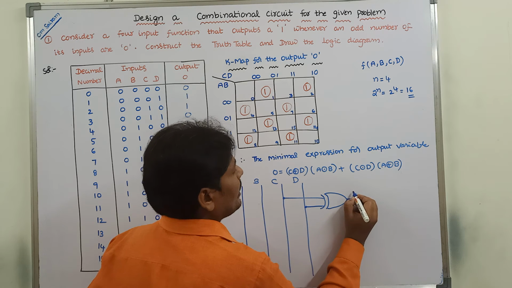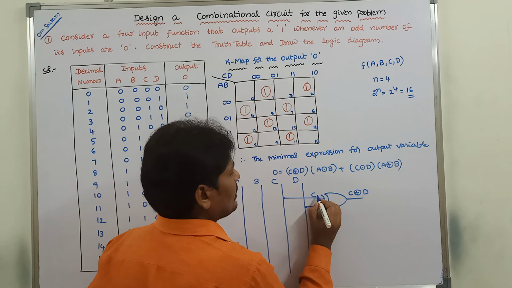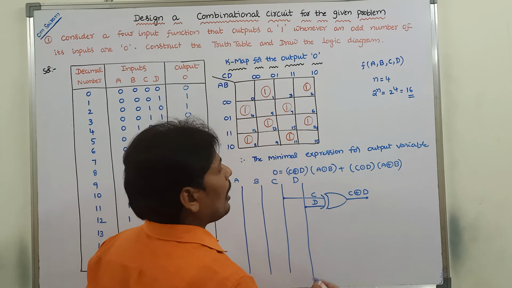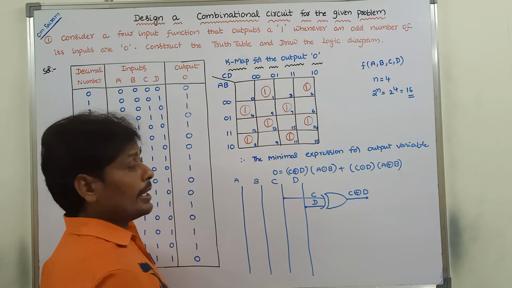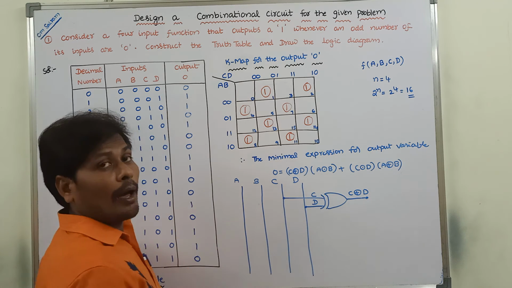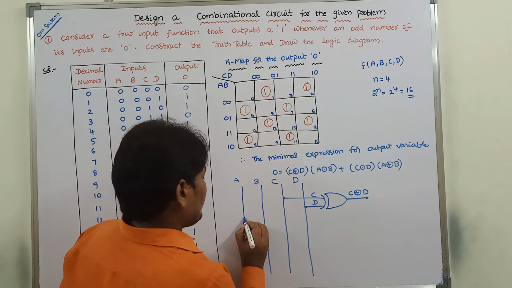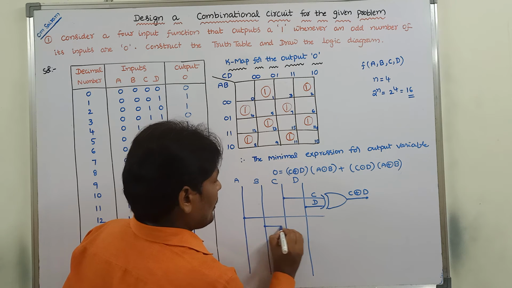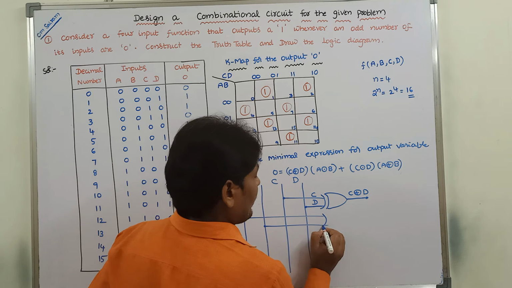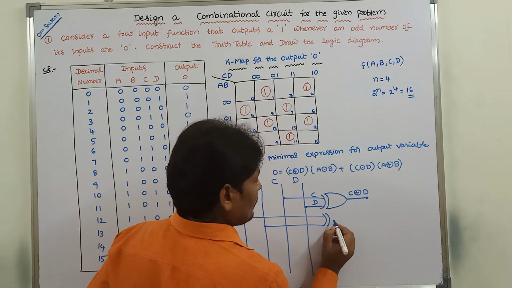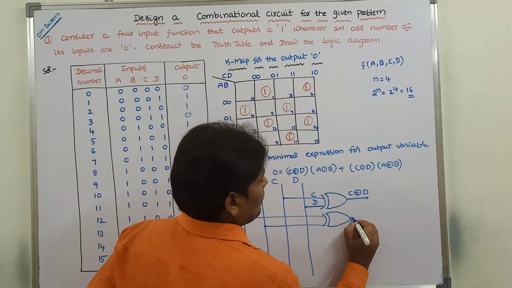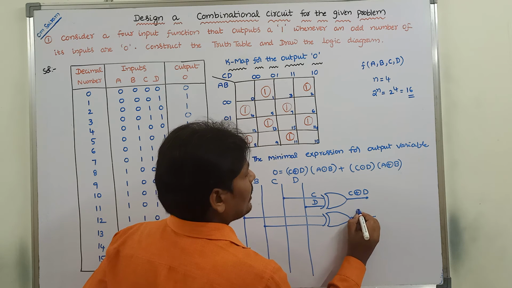So what we are getting here? C exclusive OR D. This is C, this is D. Then we are getting C exclusive OR D. Next one is A exclusive NOR B. So this is A, this is B, exclusive NOR. So what we are getting?